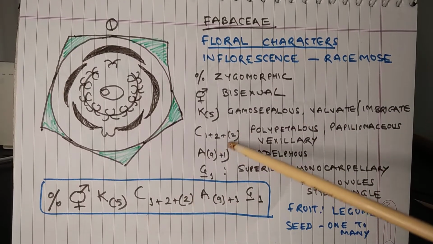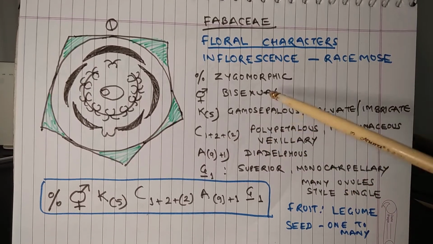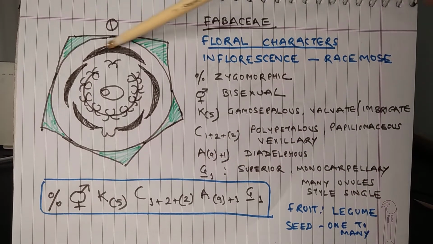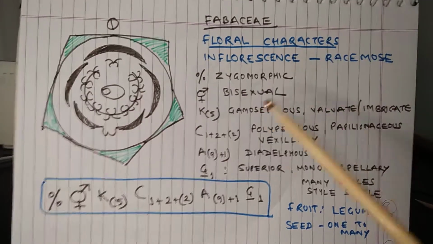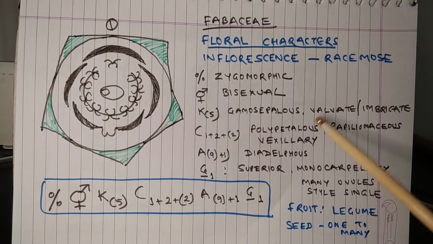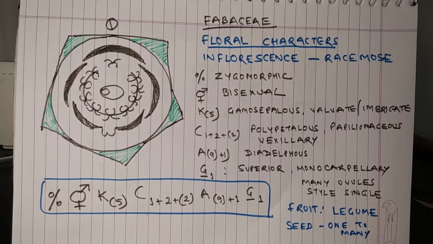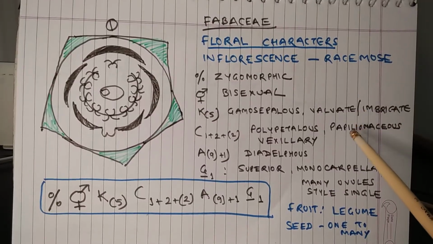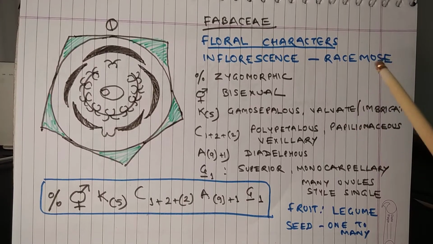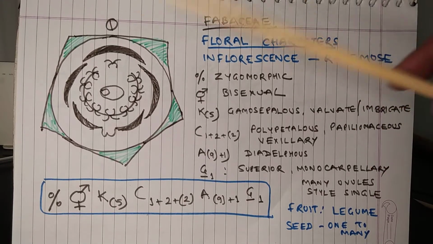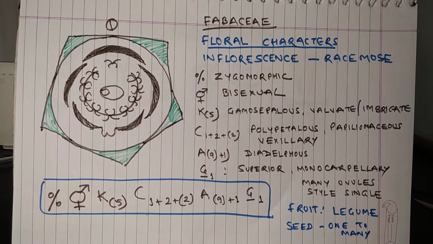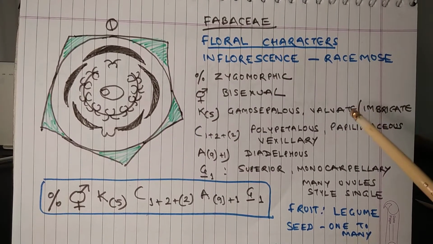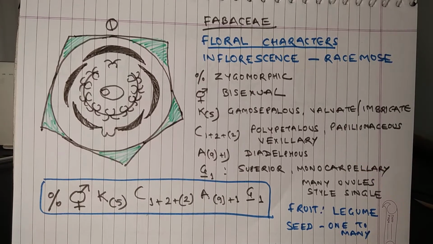Corolla is 1 plus 2 plus 2, and the last 2 is in bracket. So which means that 1 plus 2, these are free, and the last 2 are fused. So it is polypetalous because most of them are free, but they are papilionaceous. The special structure in which there is a standard, 2 lateral wings and keel arrangement of petals is called papilionaceous, and aestivation is vexillary.